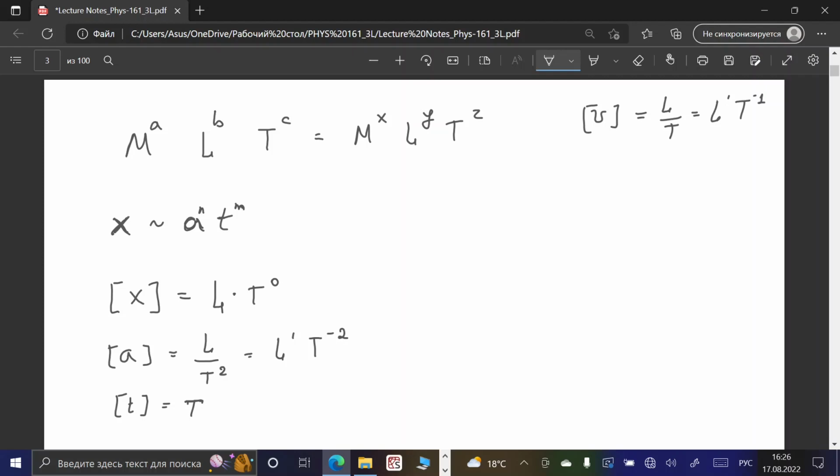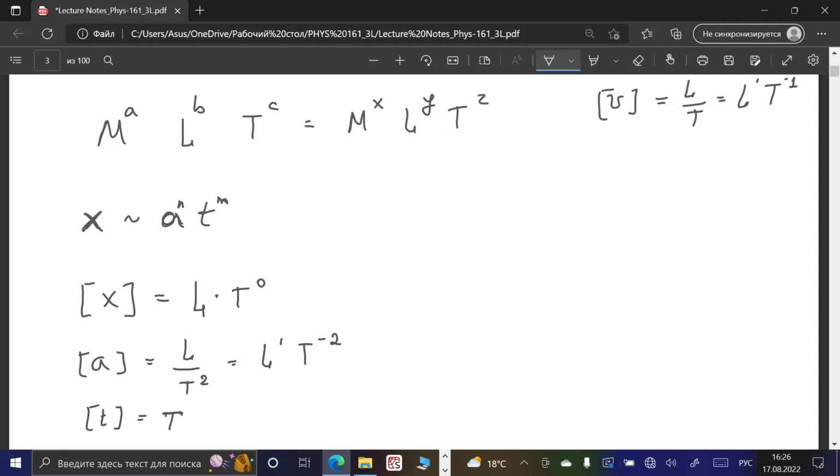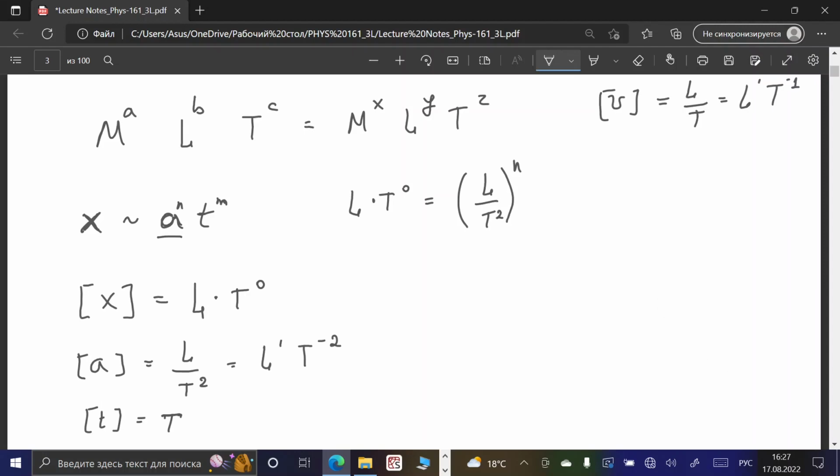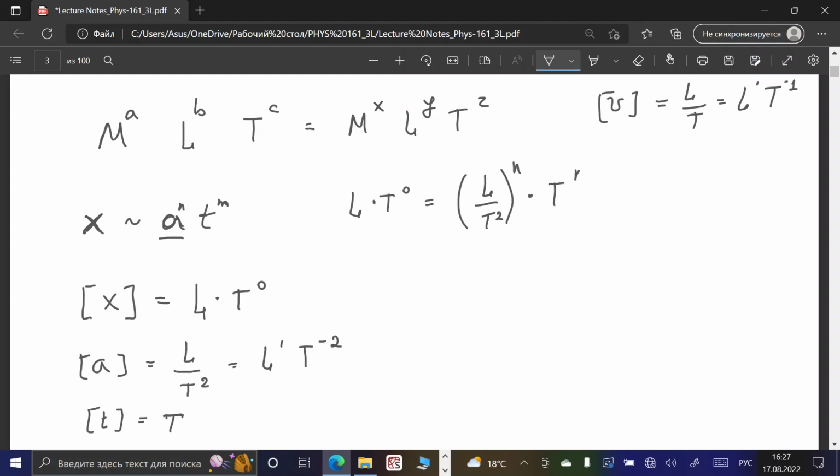So now we can write our dimensional analysis equation. We need to equate the left and right sides of this equation. The left side will be L times T to the power of 0. That is equal to L divided by T squared, to the power of n, because that stands for acceleration, so these are the dimensions for acceleration, times T to the power of m, that stands for time.